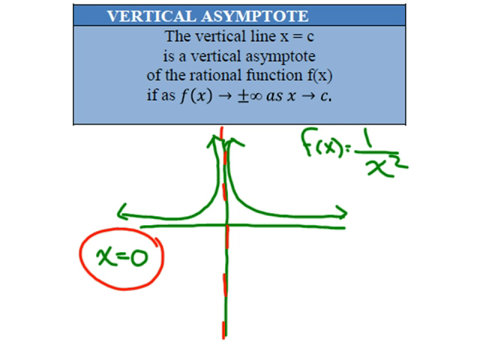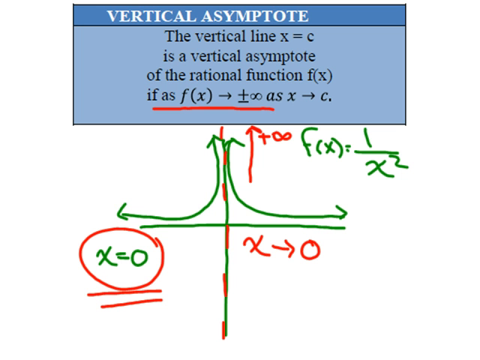As f of x approaches positive infinity, as the graph is going up to that positive infinity value, our x is coming to our c value, and that c will be 0. So x is approaching 0 as y is approaching positive infinity, thus creating a vertical asymptote at x equals 0.